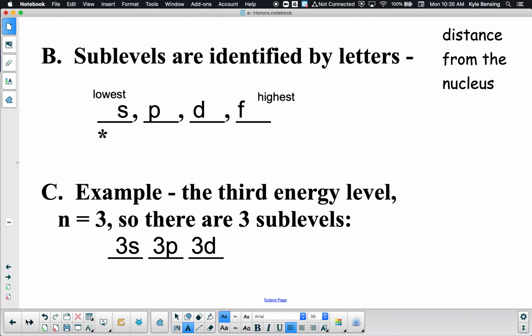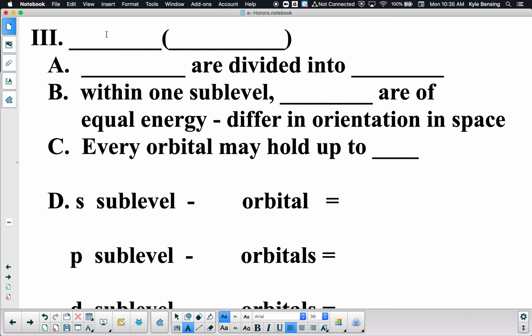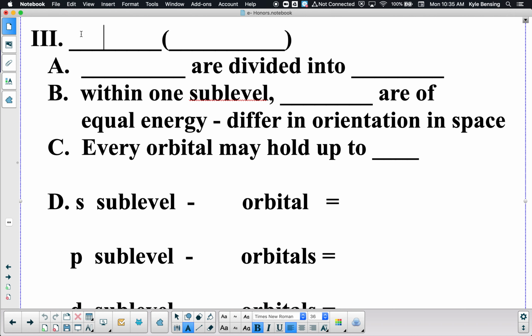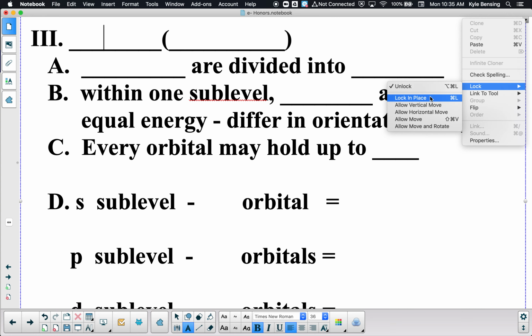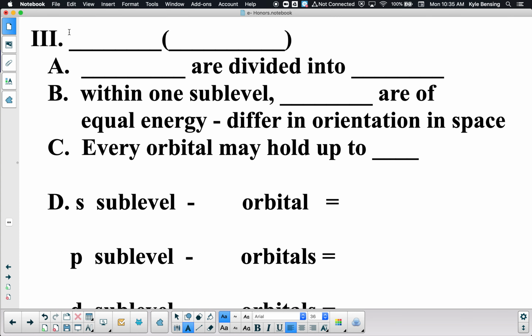Next, we have the orbitals. Another way to say that is orientations.